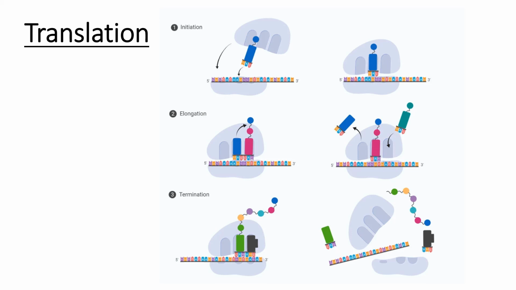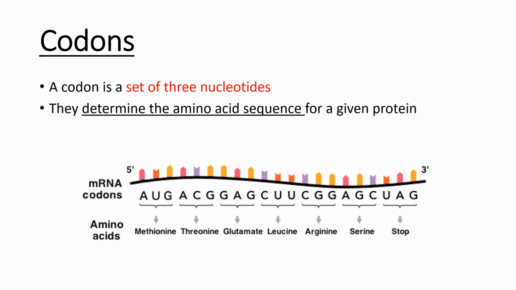The last thing that we're going to talk about is what I just mentioned, which is a codon. A codon is a set of 3 nucleotides, and they basically determine the amino acid sequence. They determine which amino acid is going to be brought in by the transfer RNA to create that polypeptide chain.